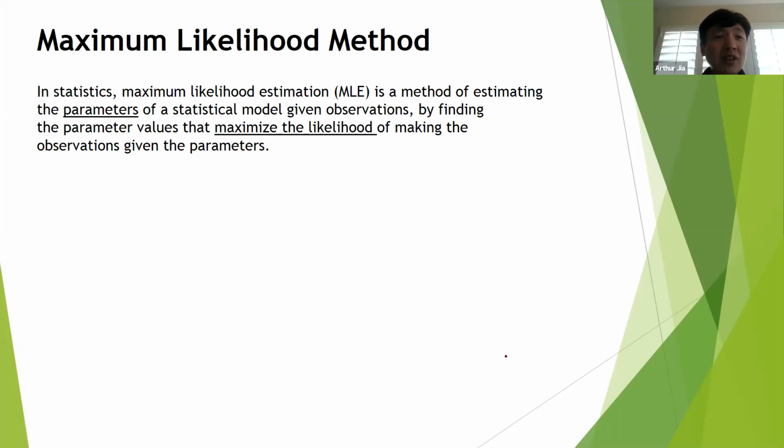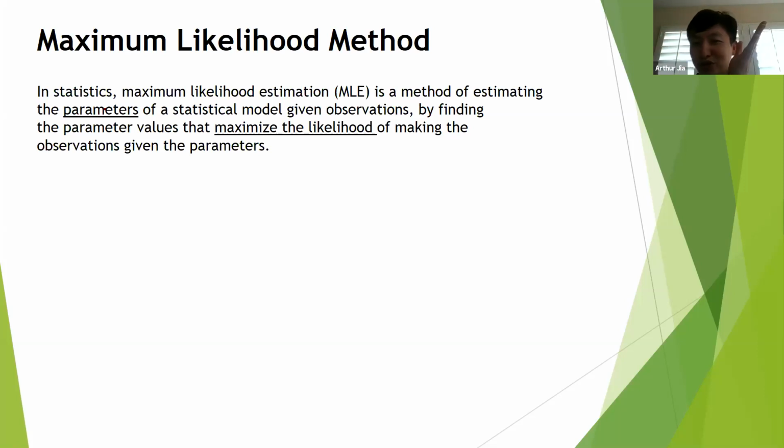All right. In statistics, MLE, maximum likelihood estimation, is a method for estimating parameters. We have a probability model. Once we use a model-based method, we need to specify a model, and once you have a model, you must have some parameters, right?